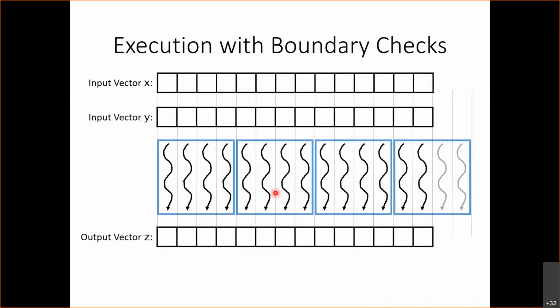So I'm going to launch 4 blocks, which gives me 16 threads, but then I'm going to have some kind of check to make sure that these last 2 threads don't do any work.